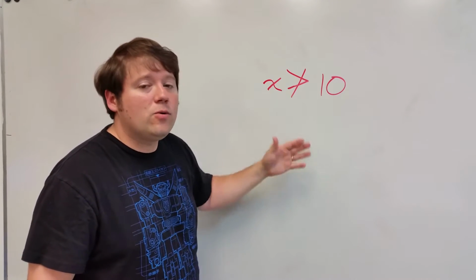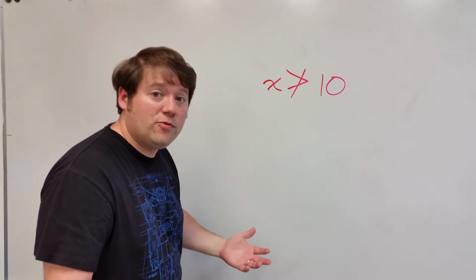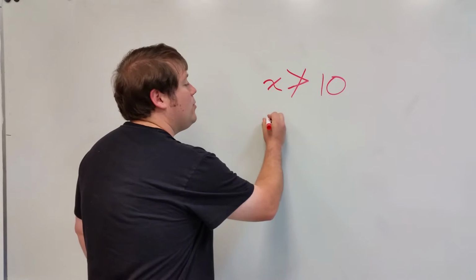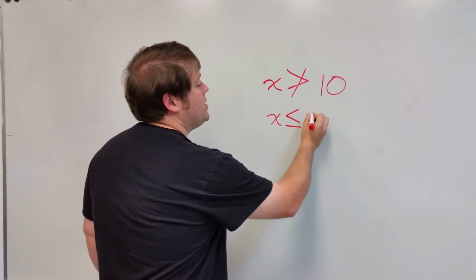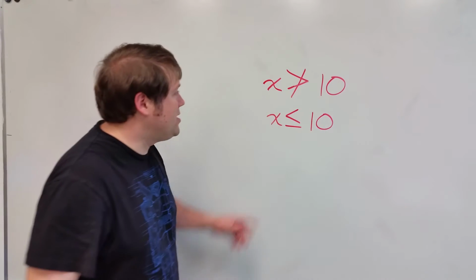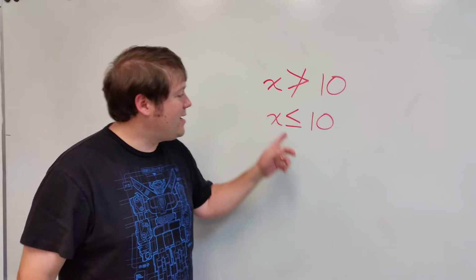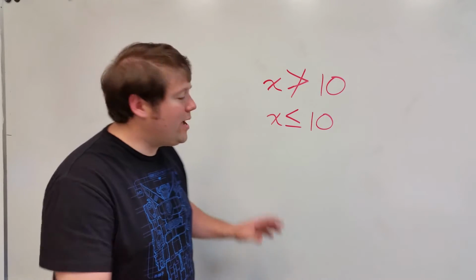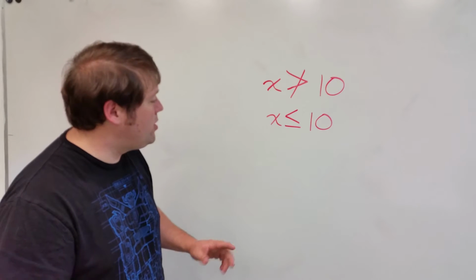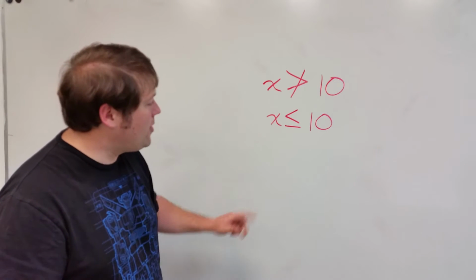This is a negated inequality. We need to change it to a regular inequality, and that would be x is less than or equal to 10. Because after all, if it's not greater than, it has to be one of those 2 other things. And then we can go ahead and graph it like we normally would. We've learned how to do that before.